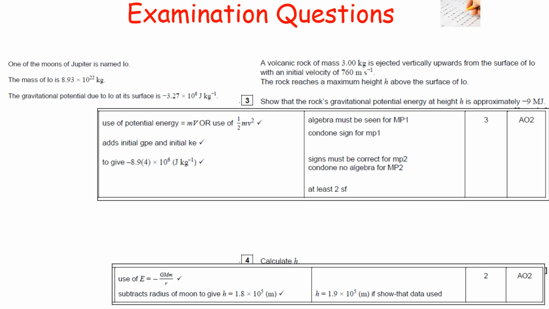We know what E is from our previous question. We've got big M, the mass of Io, and small m, the mass of the rock. We've got G because it's a constant, so we can work out r. But remember to subtract the radius of the moon from this, because we're calculating h, the difference from the surface as opposed to the center of the system. So we get 1.8 times 10 to the 5 meters.